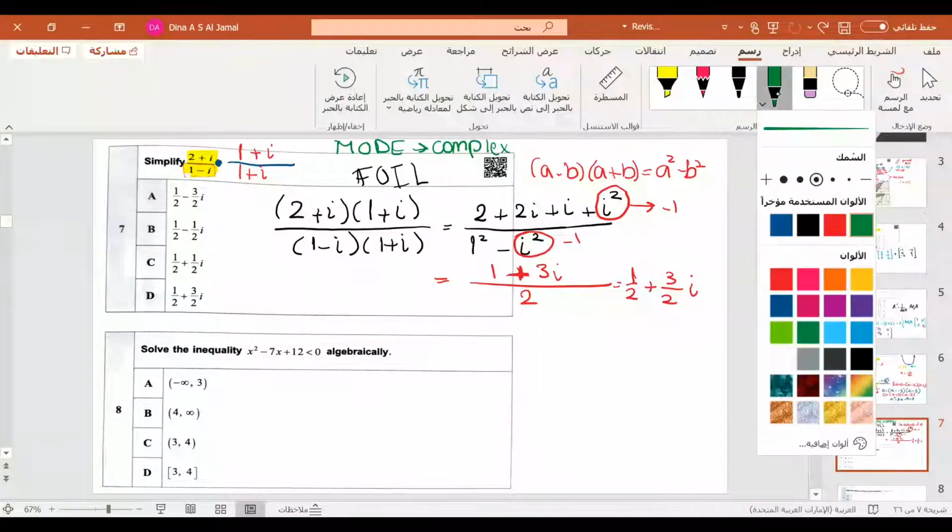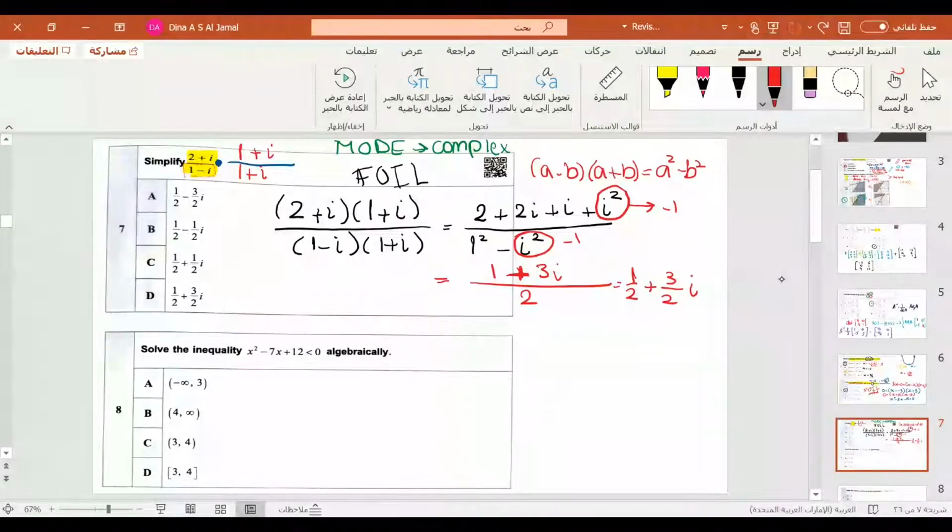But I would like to give you all the ways, and you can choose whatever is suitable for you. I would like you to understand where the calculator gave you this answer. So this answer will be your D.